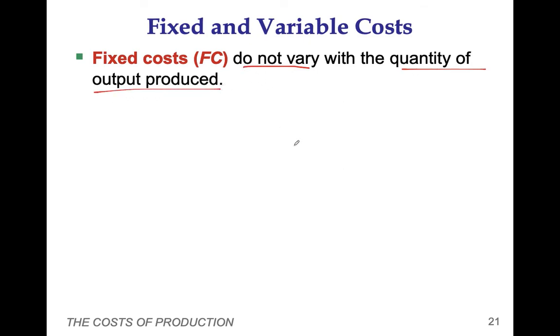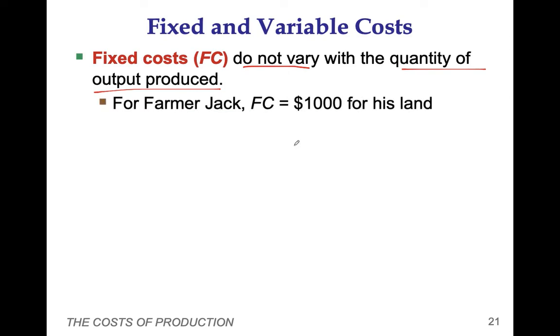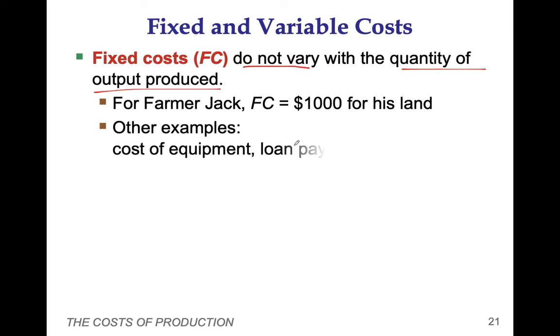The example we have seen is the cost of the land. The cost of the land for Jack does not change whatever the level of output is. So we call such type of costs fixed costs. Here for Farmer Jack, FC is $1,000 for his land.